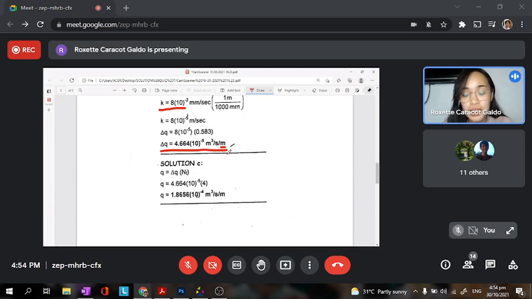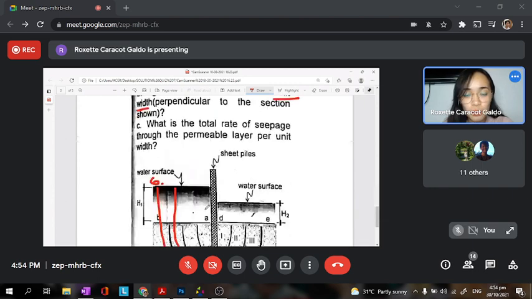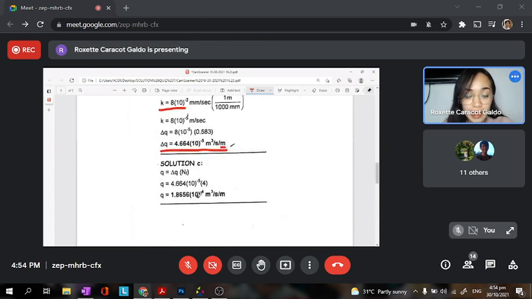Since the seepage rate of each flow channel is equal, if you are asked for the total rate of seepage through the permeable layer per unit width, you just have to multiply the seepage rate of one flow channel by the number of flow channels, which is equal to 4.